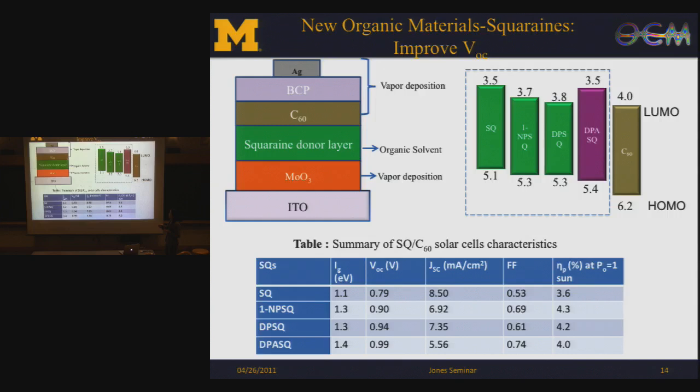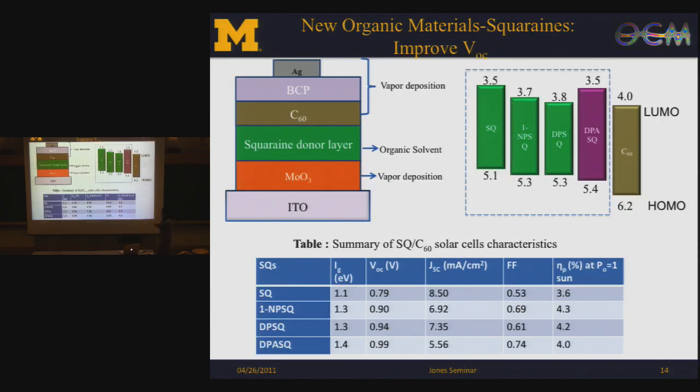Then we do the thermal evaporation of C60 and BCP. Silver is the metal contact to finish device growth. And actually, we are doing a pretty good job for all these four materials. The efficiency is between 3.6% and 4.3%.